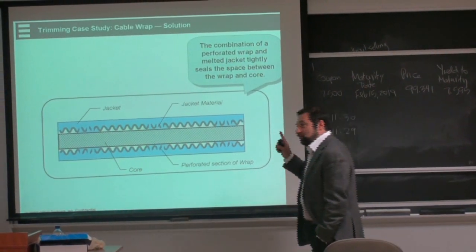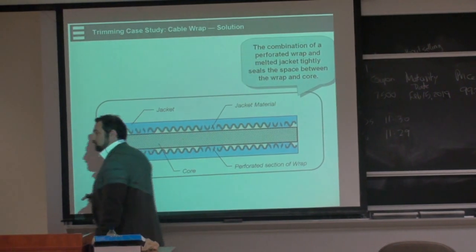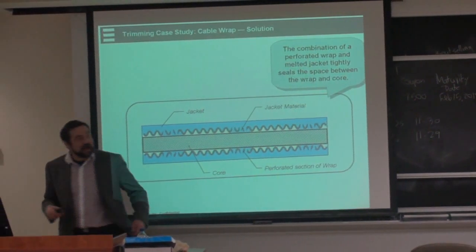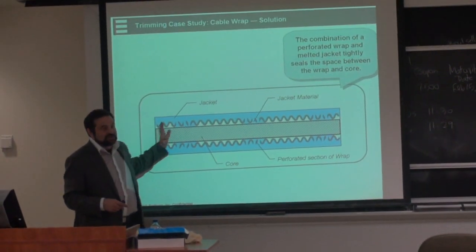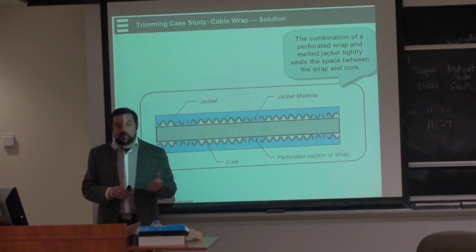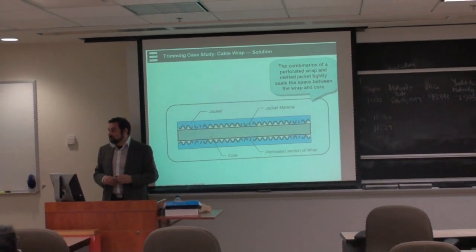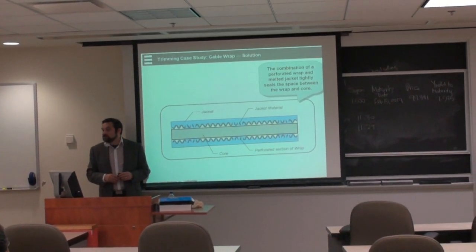So, why is it a good solution for this company? Remember, we started from the fact that it was a business problem. The company that was making jackets was losing business. The company that's making wraps was losing business. Why is it a good solution?